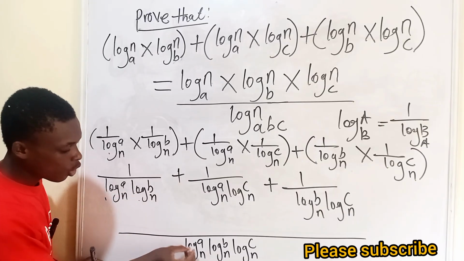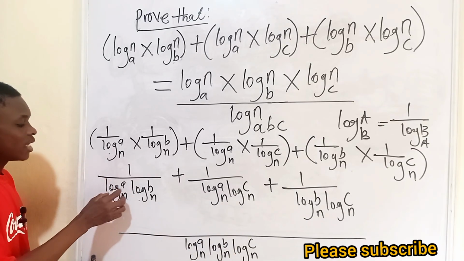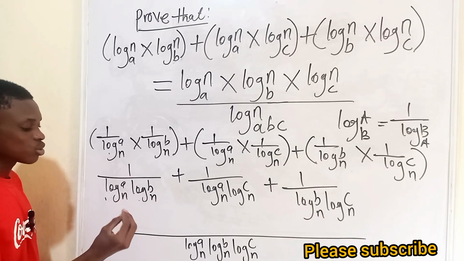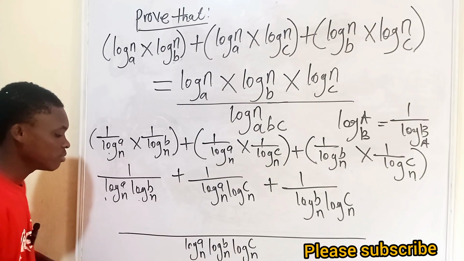We divide the LCM by log a base n log b base n, which gives us what? Log a base n log b base n cancel, and we have log c base n remaining.